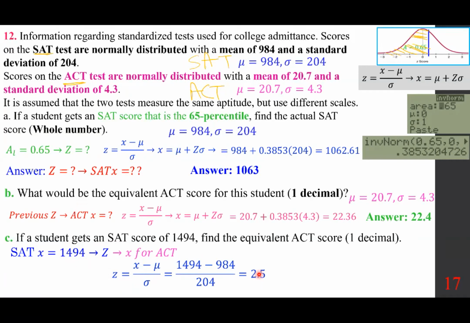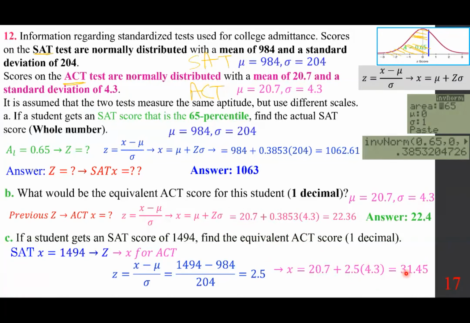So you use the same Z score for ACT. So right here, this Z will be changed to this number. So X equals mu plus Z sigma. Mu is 20.7. Z, now instead of that, we're going to put 2.5.